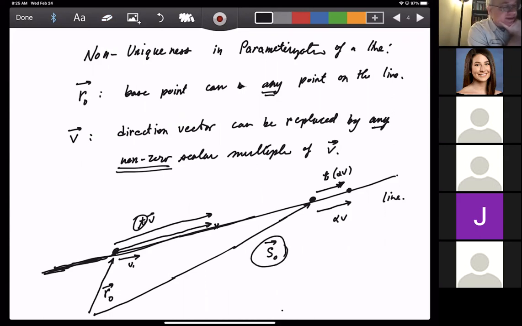As T ranges through all the numbers less than 0, we're going to trace out all the other points on our line. So this is important. It's important to recognize you have this non-uniqueness in a few different places, one of which we're going to mention in a couple of minutes. All right, so just keep that in mind.